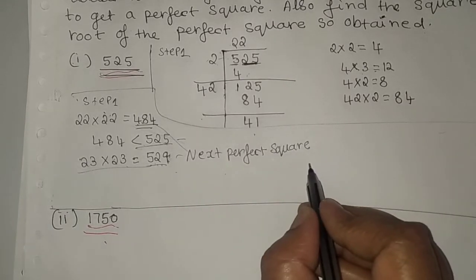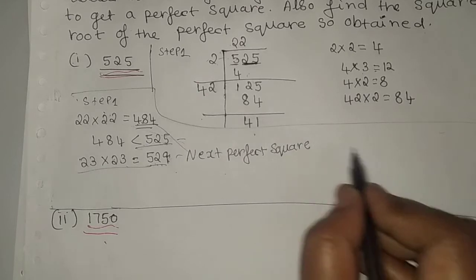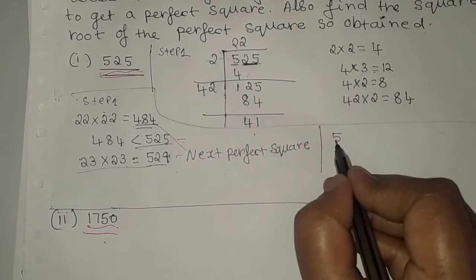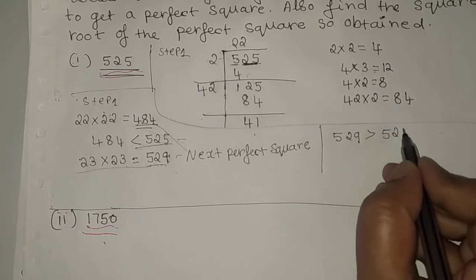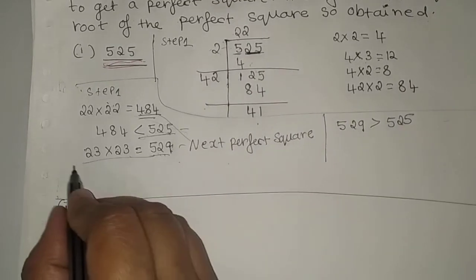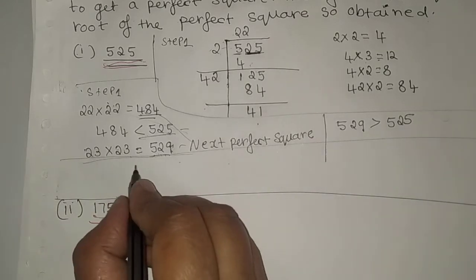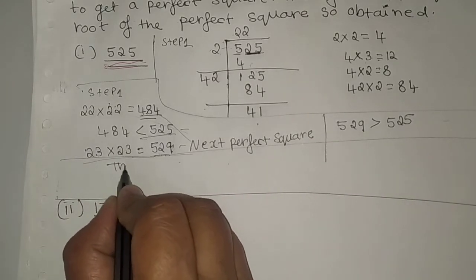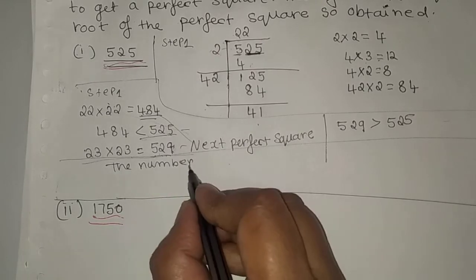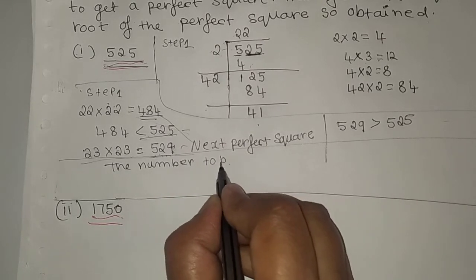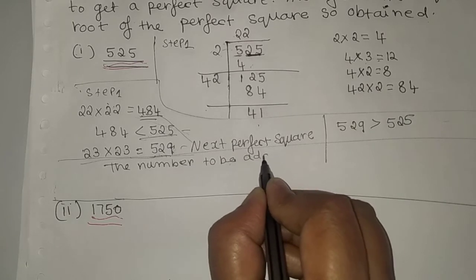What we have to do now, 529 is greater than 525. Therefore the next step is to find how much we have to add to the number. We have to write the number to be added to become a perfect square.